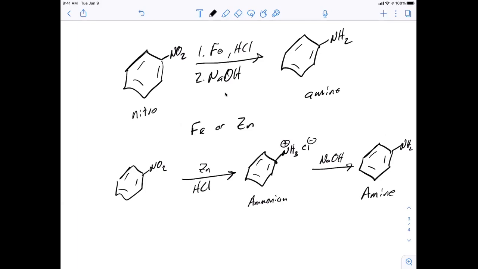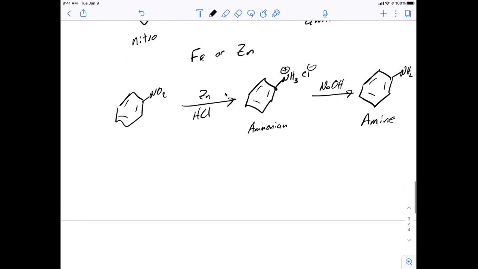Nitros by themselves have material properties, but for this type of class with lots of health professionals, the reason that you would want to make the nitro is then to reduce it down to the amine. And the amines have biologically active components there. So you can use iron or zinc and acid followed by base. You can also do this with a mild hydrogen reduction.